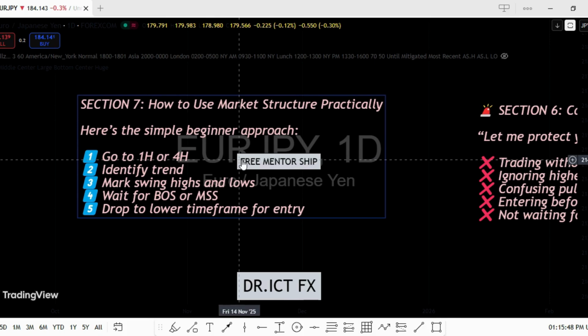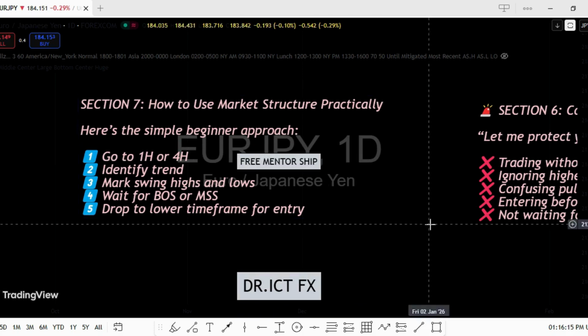After getting the higher time frame, we confirm the trend. Are we in a bullish or bearish market trend? After confirming the trend, you mark the recent higher highs and higher lows. You also mark the break of structure and the shift in market structure. Then you drop to the lower time frame to find your important levels and enter a trade to make some money.